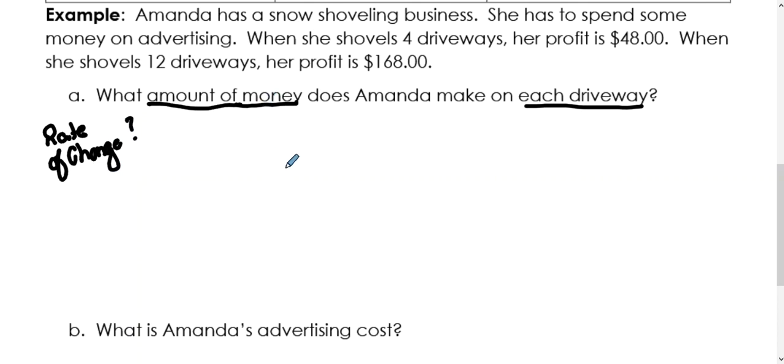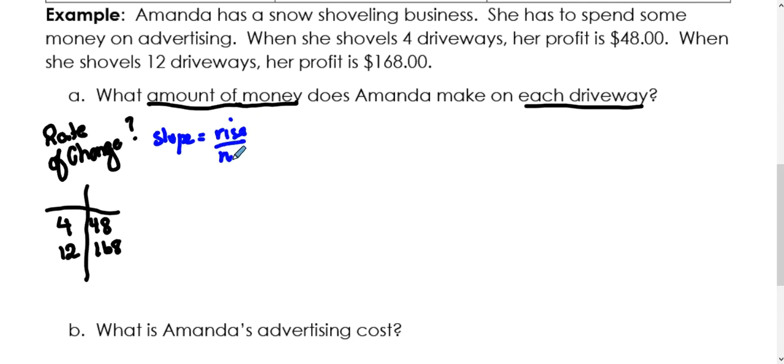Now, we don't have an equation, but we can make a table. All right, so we know that 4 driveways gets you $480 or $48, and she knows that 12 driveways gets her $168. Well, how do we find rate of change? How do we find slope? All right, well, we know that slope equals rise over run.